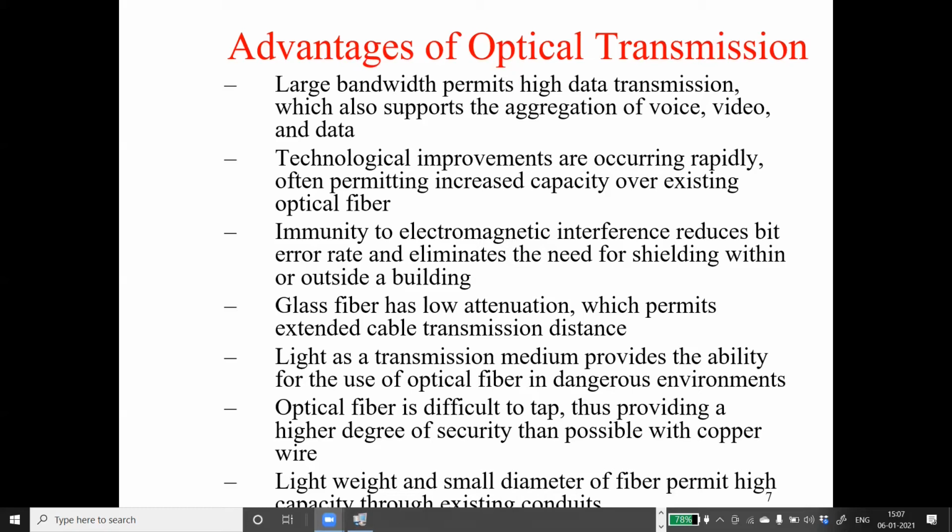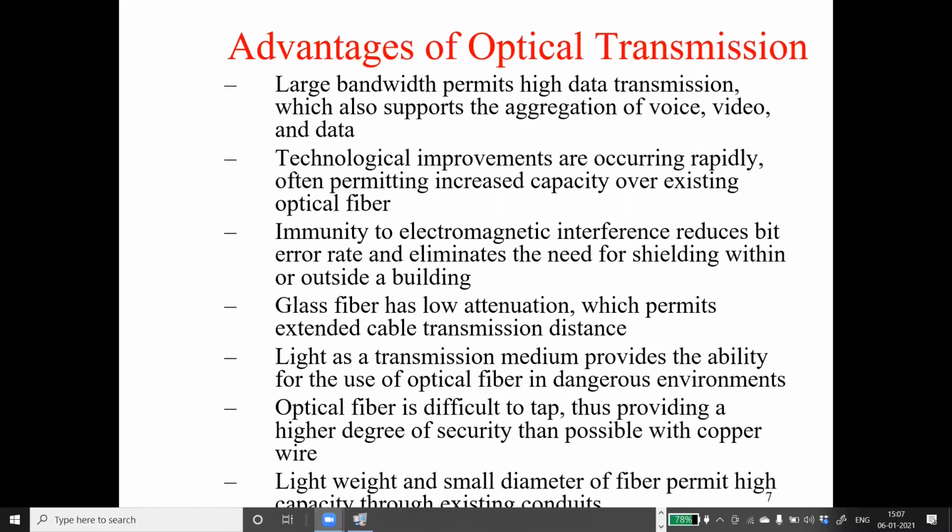Now, another advantage of optical transmission is that it is immune to electromagnetic radiation. It means that I can actually have my network even in an electrically hazardous environment.